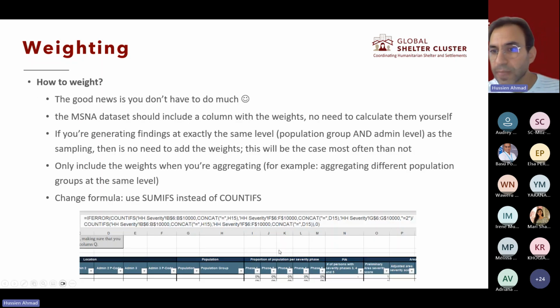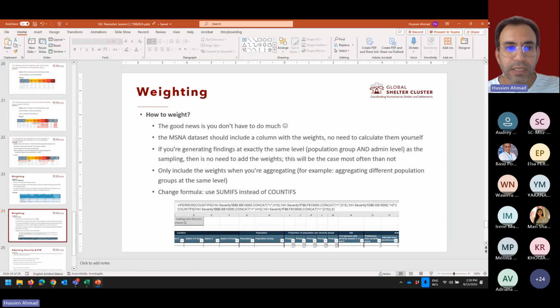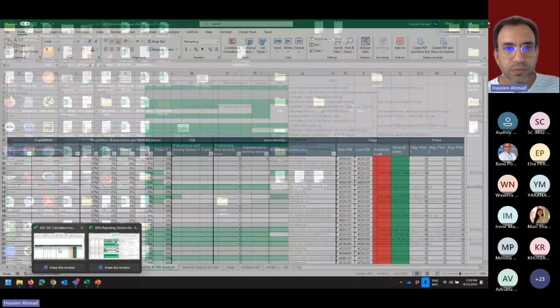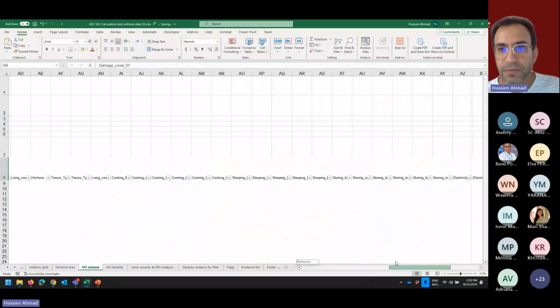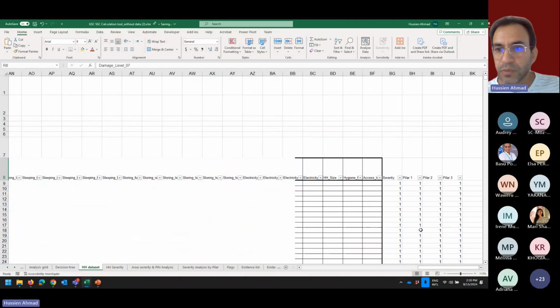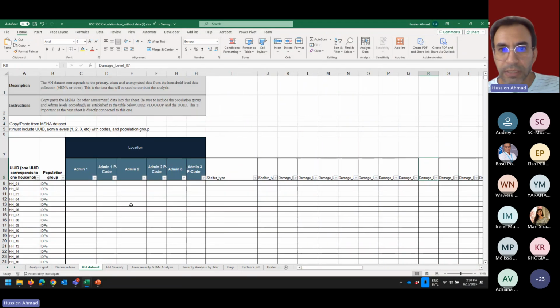If you have the weight for each population group, for each household, etc., it is integrated in the MSNA data set. If in your data set you have the weight, indicated in one of those columns, you will get it done for you in the calculation.